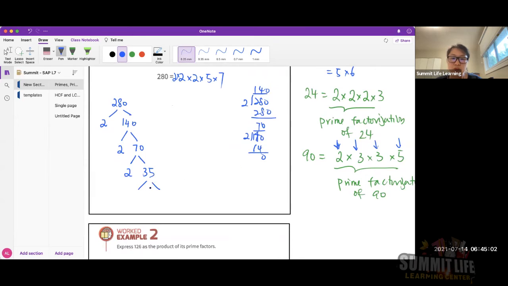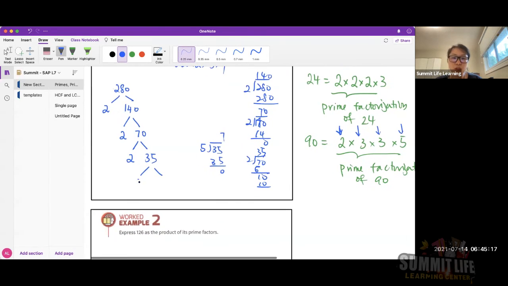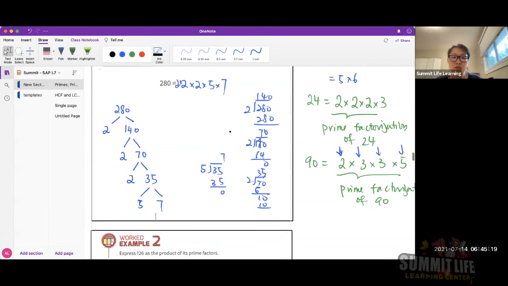Then 35, can we divide it by 3? No, not possible. By 5, you will get 7. So you will get 5 and 7.